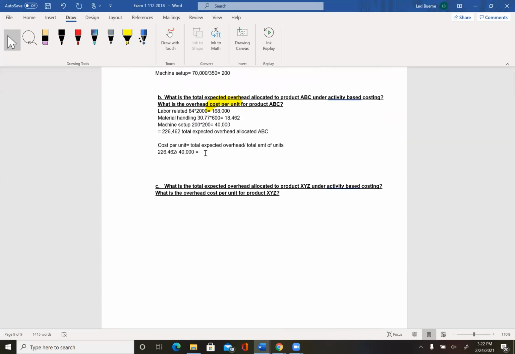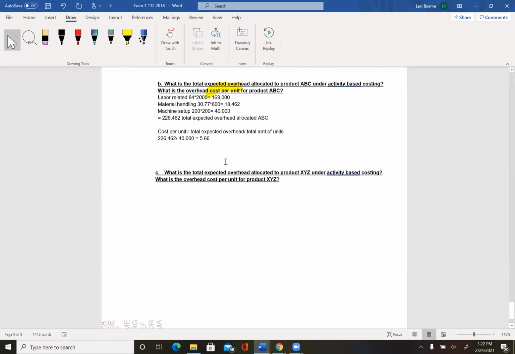And that will give you 226,462 divided by the 40,000 gives you 5.66. That's going to be your cost per unit. So now ABC is done.